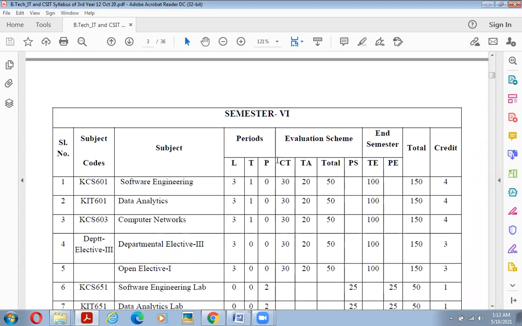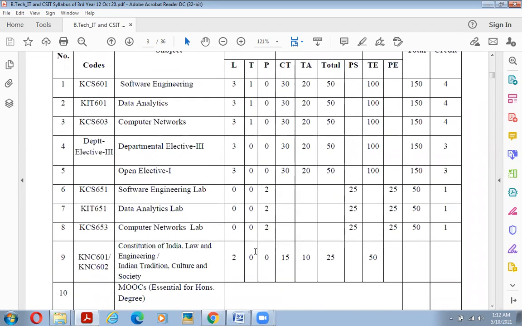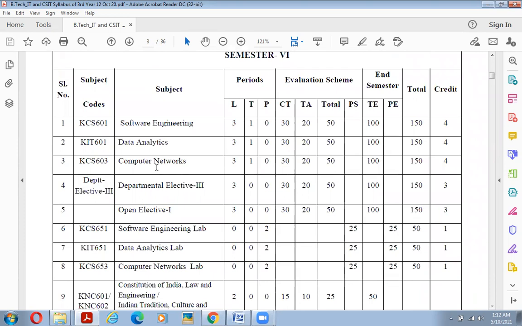We have the subject here, Data Analytics. In general, we need to go for four lectures in a week, that is three lectures and one tutorial. But for the understanding purpose, we usually expand our lectures.